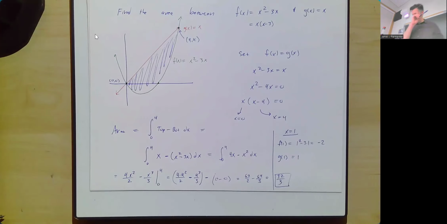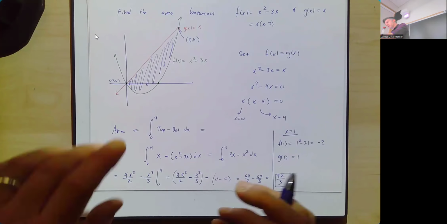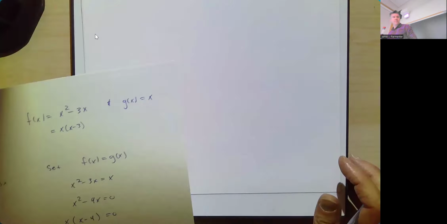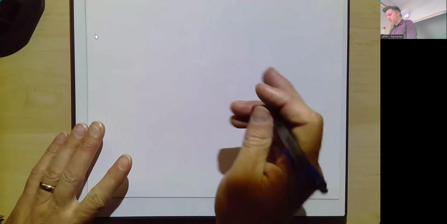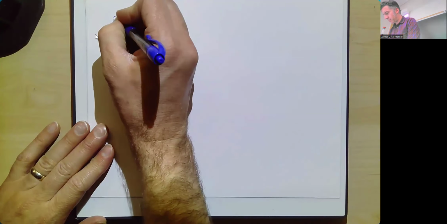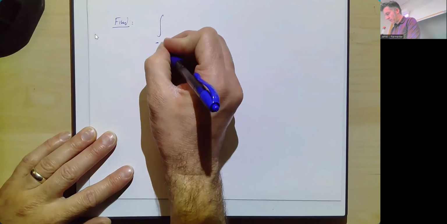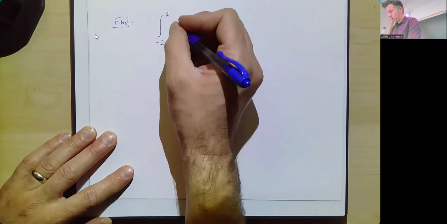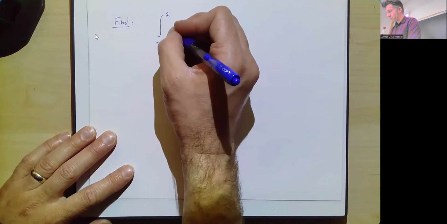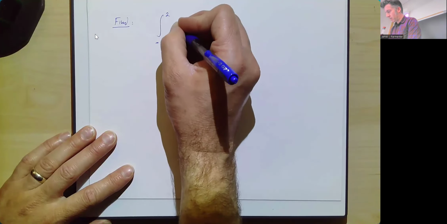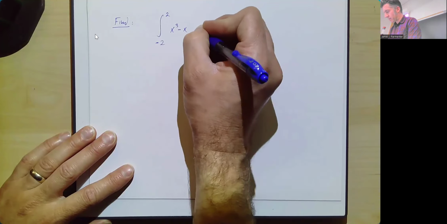We'll talk a little bit more about area between curves, but there's a couple of things I want you to see. So let's look at this example. Let's say we want to find the integral from -2 to 2 of x cubed minus x.